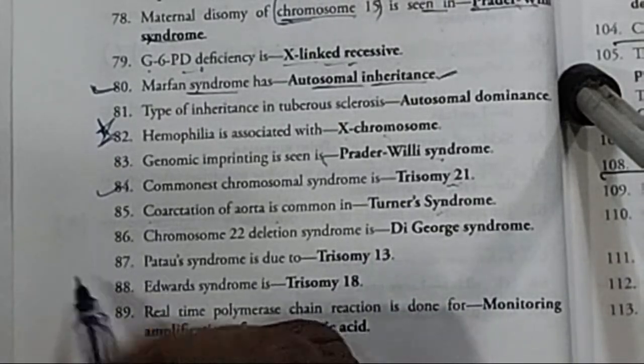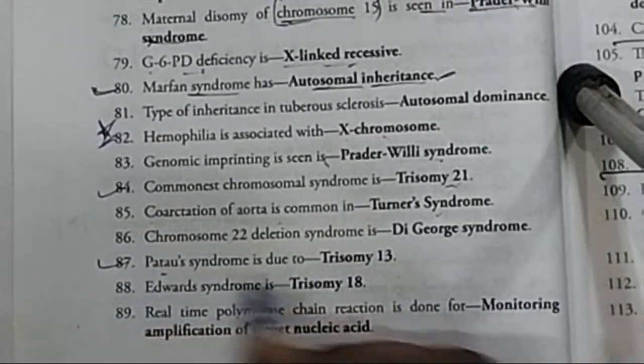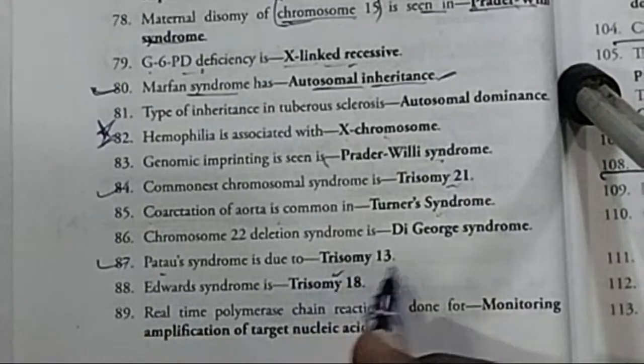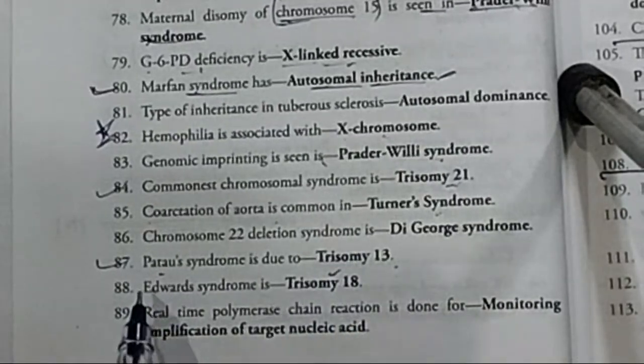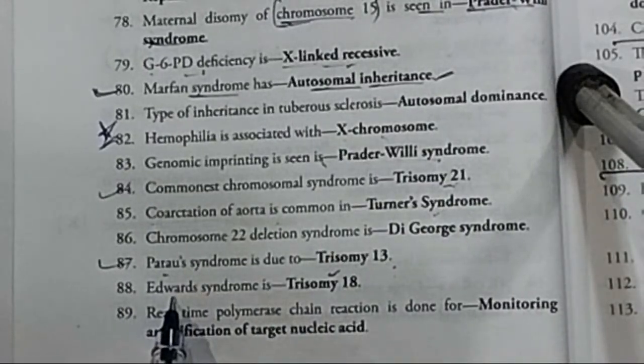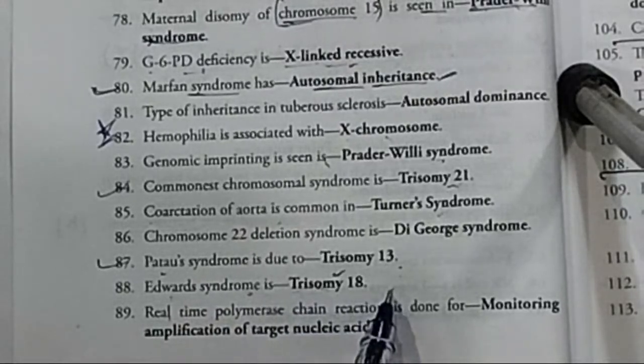Next very, very important MCQ: Patau syndrome is due to trisomy of which chromosome? The trisomy of chromosome 13 causes Patau syndrome. The next is Edwards syndrome. Edwards syndrome is the trisomy of chromosome 18.